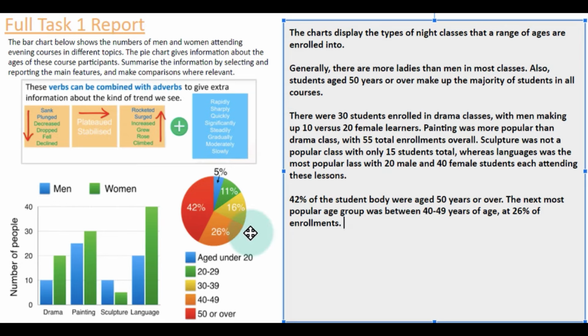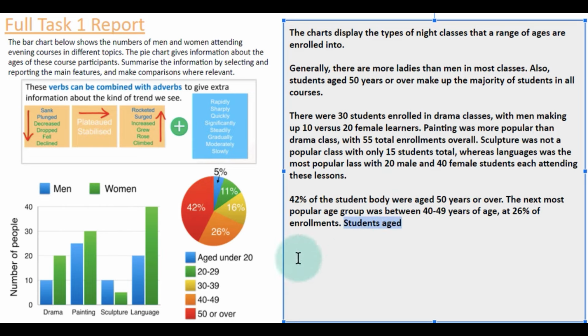Then, if we want to speed things up just a little bit more, we could plus these together. So we could say students aged under 39, or students aged 39 or younger, make up 16 plus 11 plus 15. So this is 32%. This is very much speeding up our writing. I'm going to plus these two groups together because this is 16, this is 16, so I can say they're equal.